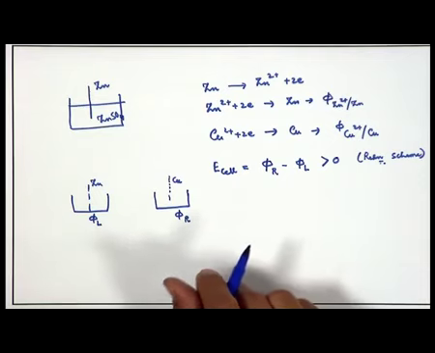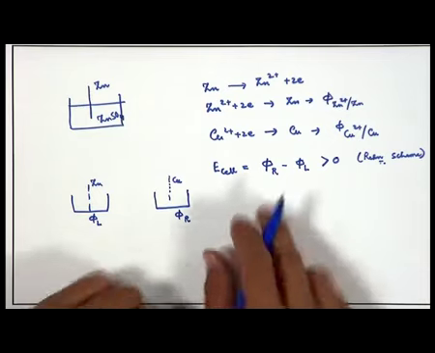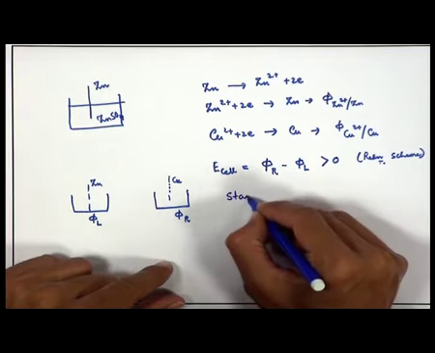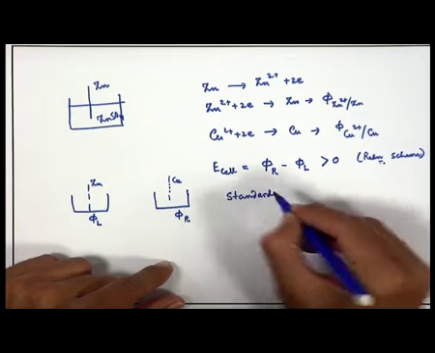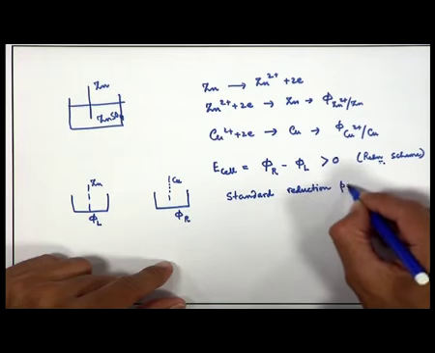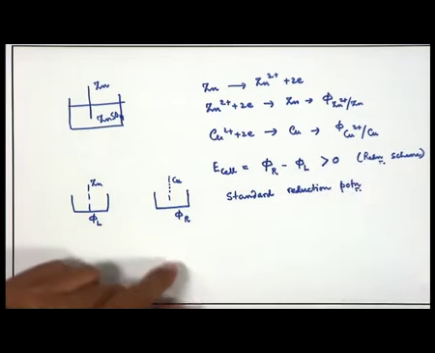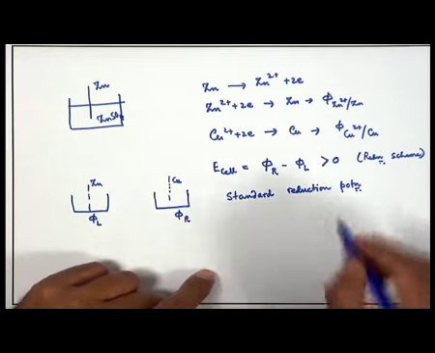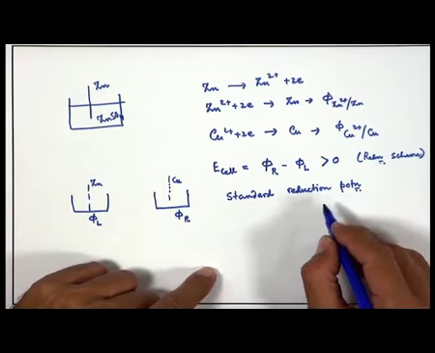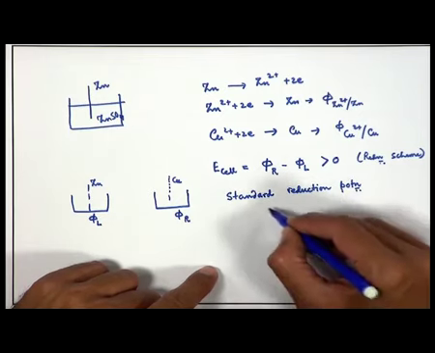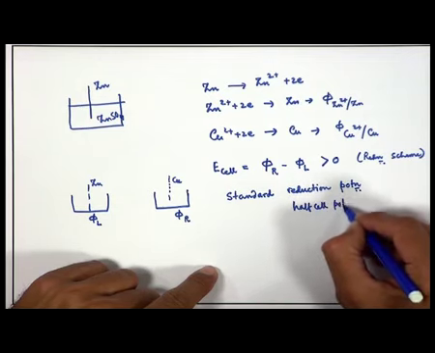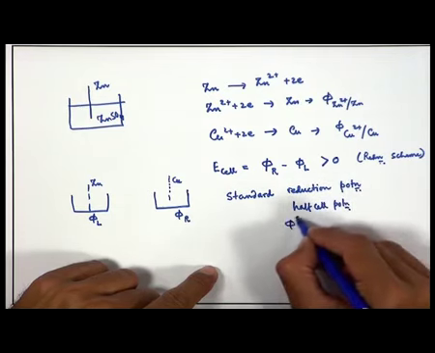Now, there is still another term used for this reduction potential, called the standard reduction potential. The standard reduction potential, or the standard half cell potential, is expressed as phi 0.